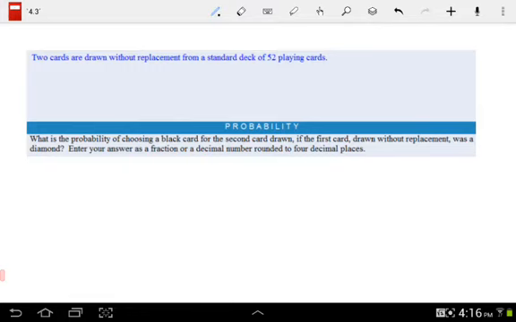This one's a little bit different. We're looking at the probability that we choose a black card given that the first card chosen was a diamond.